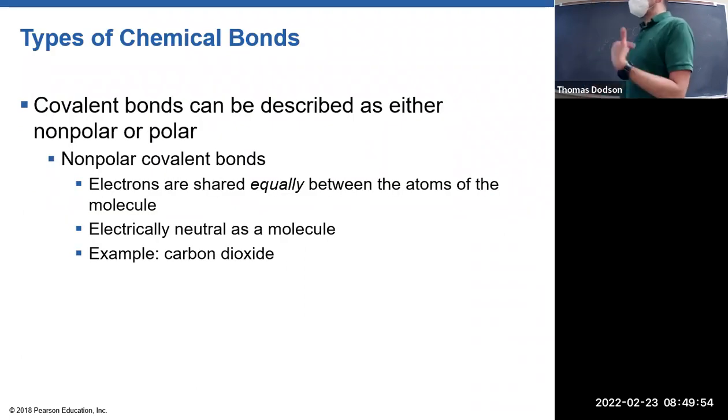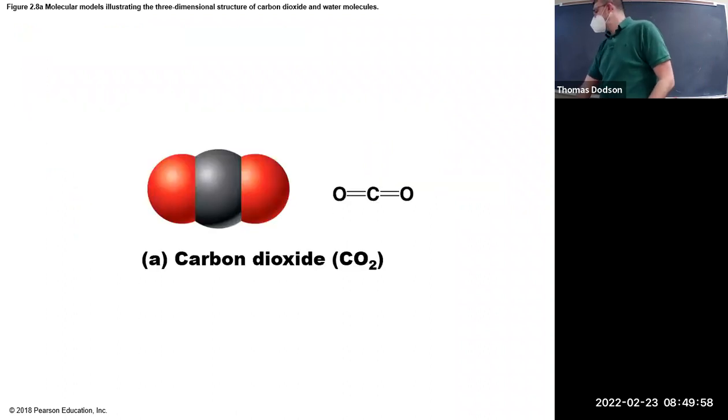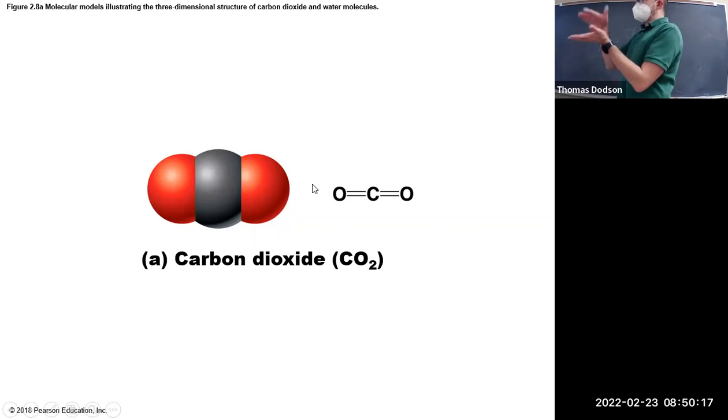Now, covalent can be nonpolar or polar. The difference is that nonpolar covalent bonds are equally arranged so that you don't get a positive side and a negative side. The way I think about this is you can get a really nice division this way or this way, and they're even on either side.